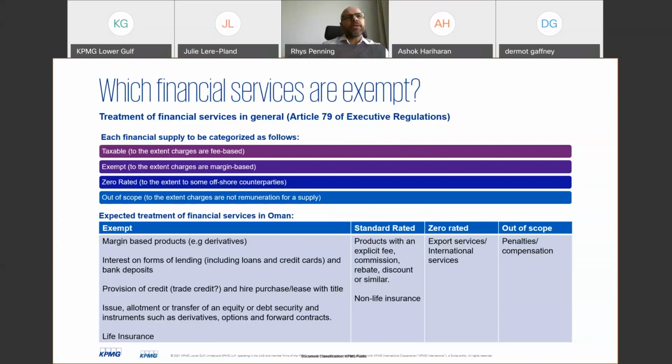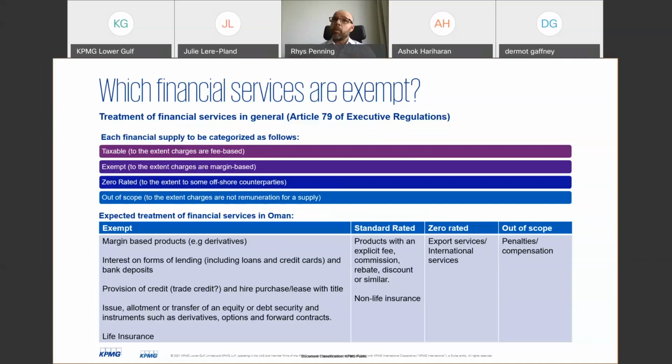So that's all interesting and very standard in terms of the list of exemptions: loans, credit, securities, equities, exempt. Very standard, very much expected, meaning we can fall back on our learnings from other jurisdictions to help here.